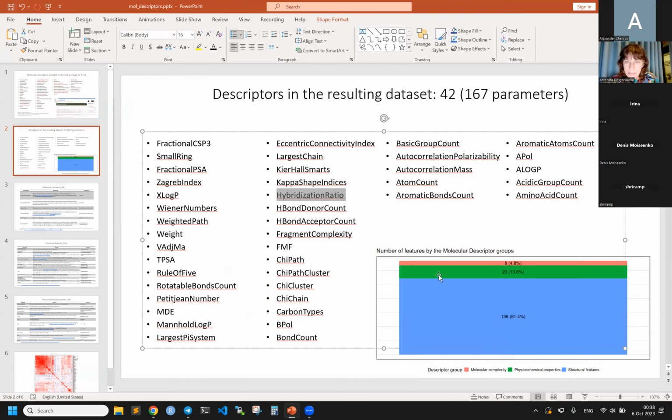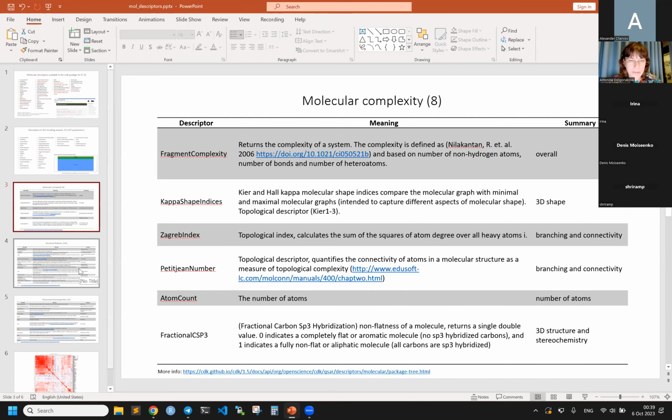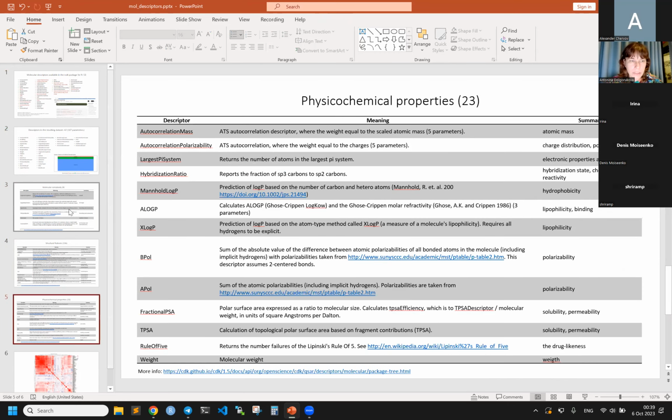Here you can see my manual work, and I'm not quite sure it doesn't have some mistakes, but I guess it's quite correct. I divided it into 3 groups: structural features, physico-chemical properties, and molecular complexity. And here are 3 tables, one for each group.